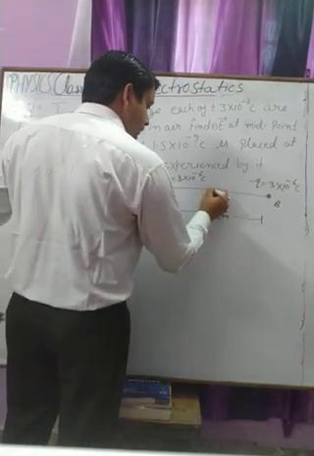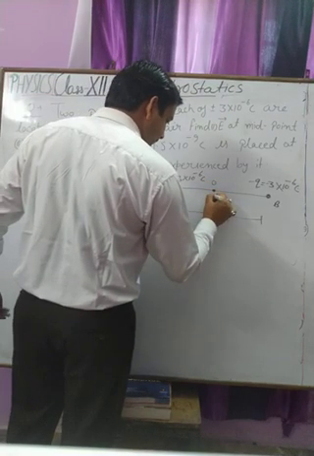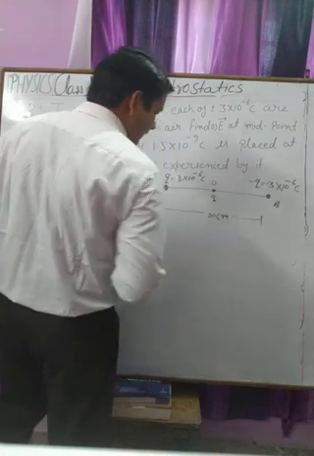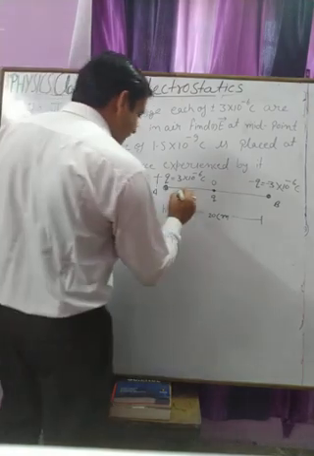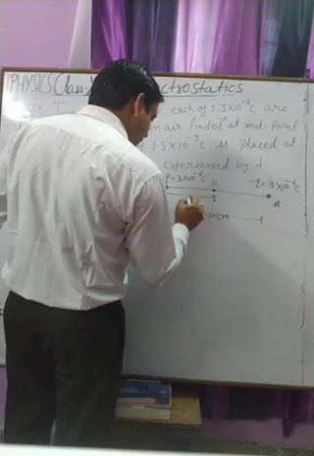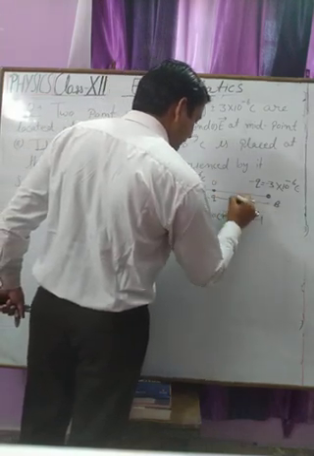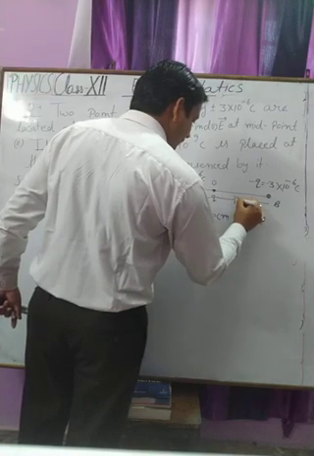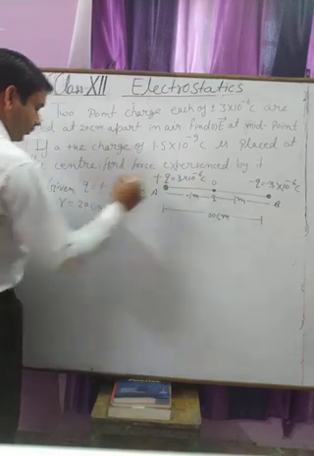Suppose we have a test charge here at point O, we call it Q, and because it is at the center, the distance from A to O is 0.1 meter, and from B to O is also 0.1 meter. Now we are going to calculate the value of electric field due to the charges at this point O.